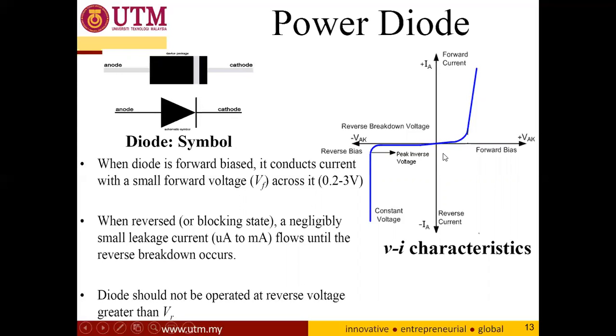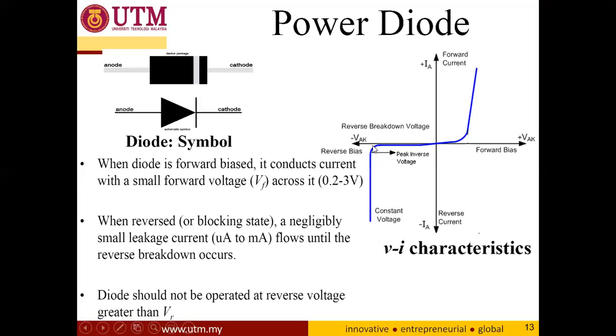But there is some small leakage current that can flow, but it can be ignored because it is a very small current. It will remain off until the voltage across the diode in reverse bias is more than its limit, for example VR here.